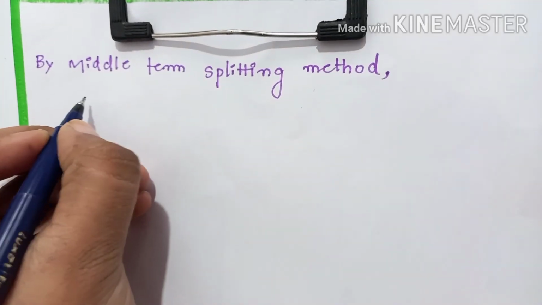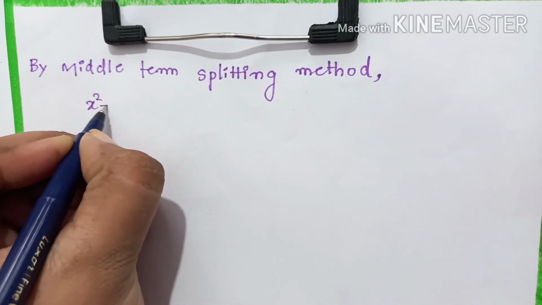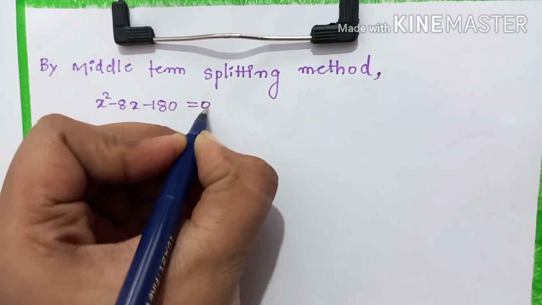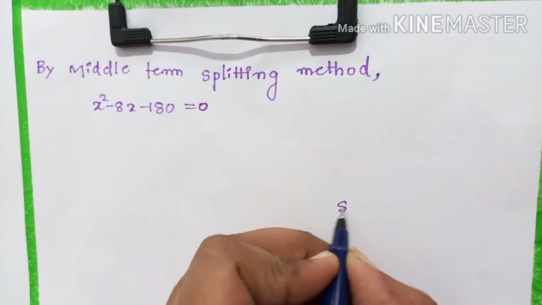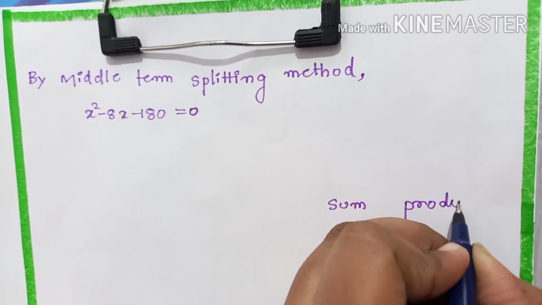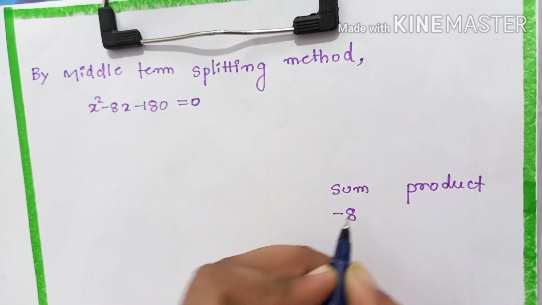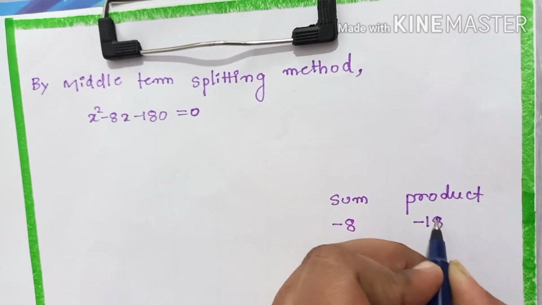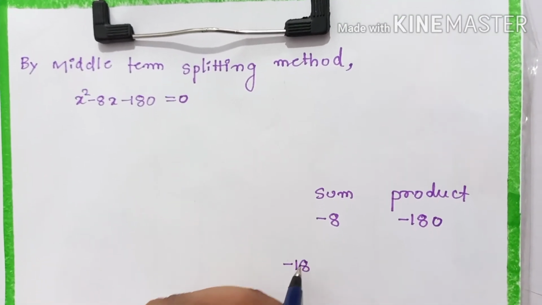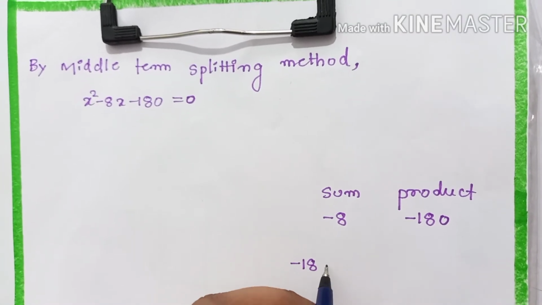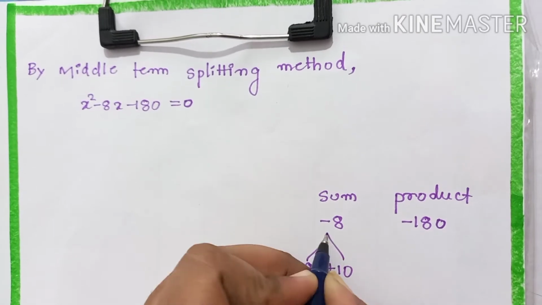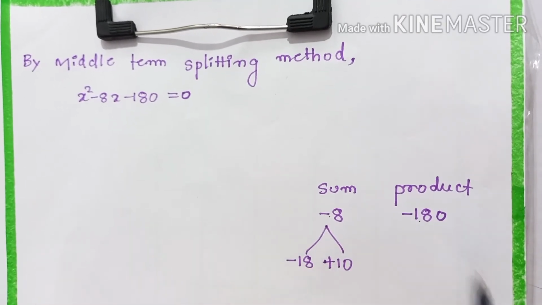By the middle term splitting method, now x square minus 8x minus 180. Now we know that sum should be minus 8 and product should be minus 180. So we are going to take two roots, minus 18 and plus 10, which gives sum as minus 8 and product as minus 180.